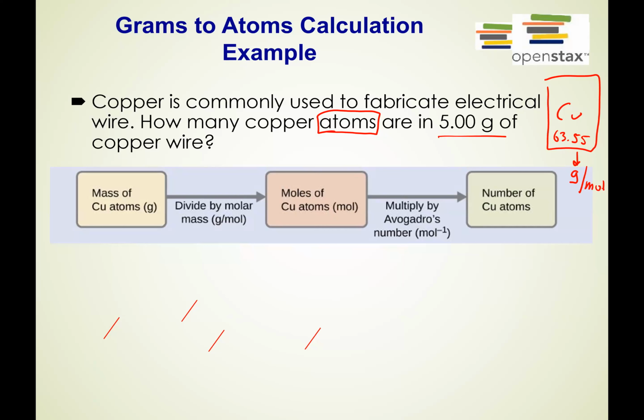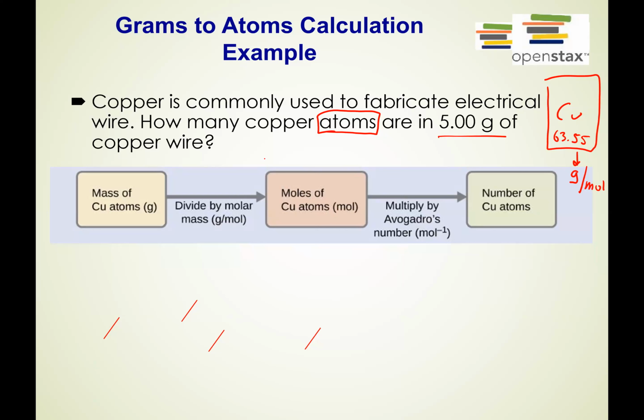The units of that periodic table are always grams per mole. Do you see the word atom in grams per mole? No. So therefore, the periodic table will never be helpful for the word atoms. Ever. Never. The periodic table can only help us with grams and moles. So we need something else that's going to help us with atoms.